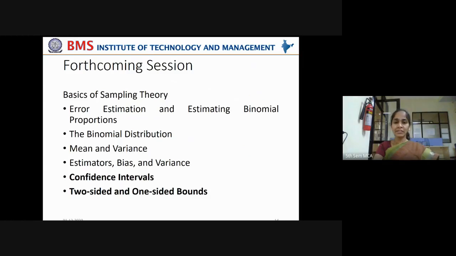In the next session, we'll see what are confidence intervals and two-sided and one-sided bounds. All these topics are very important in order to take an informed decision about which machine learning model will fit your data.